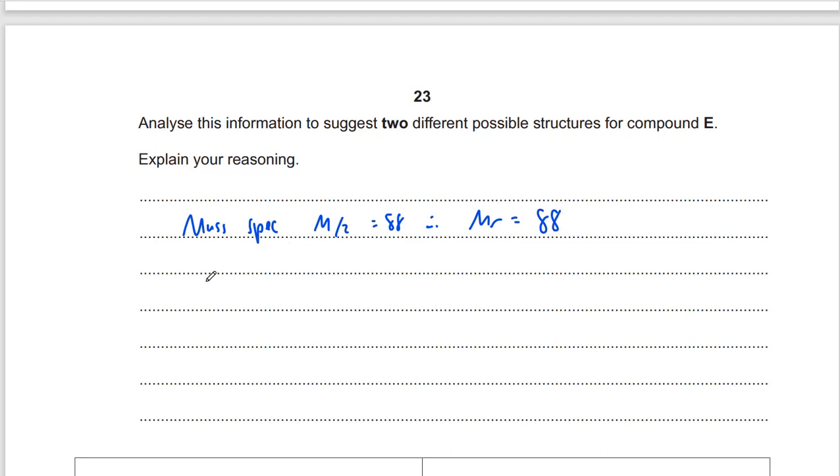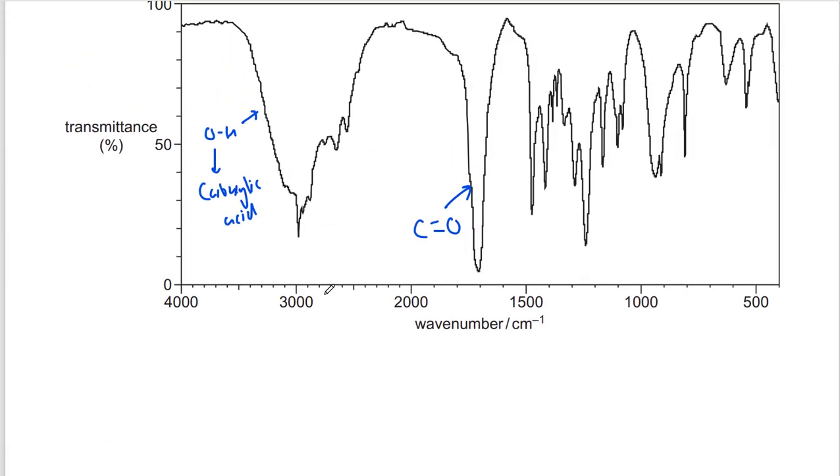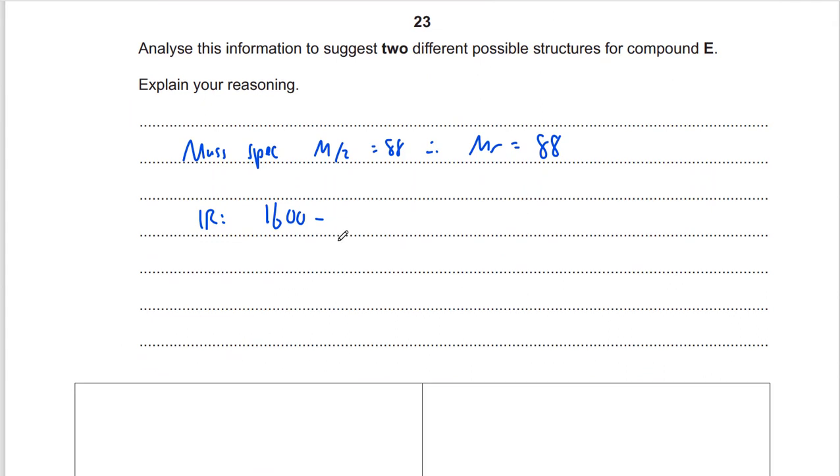From the IR, you can just say you've got a peak somewhere between 1600 and 1800, which is your C double bond O, and a peak somewhere between 2,500 and 3,500, which is the OH for a carboxylic acid.